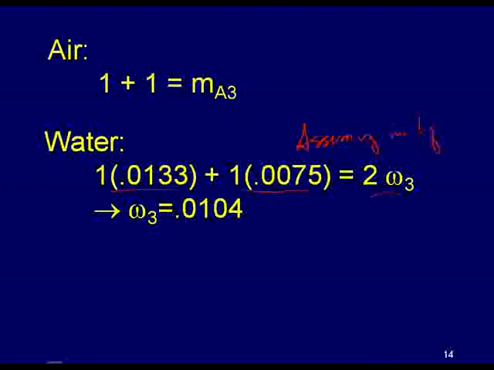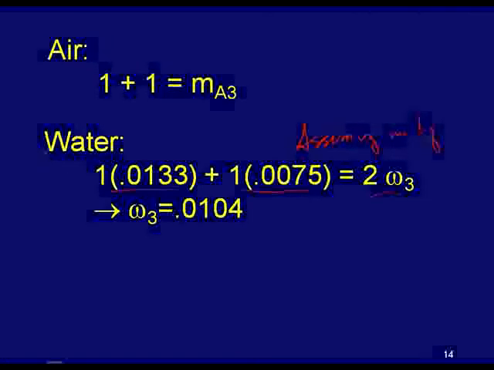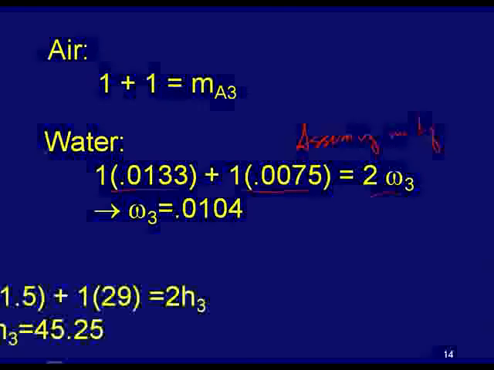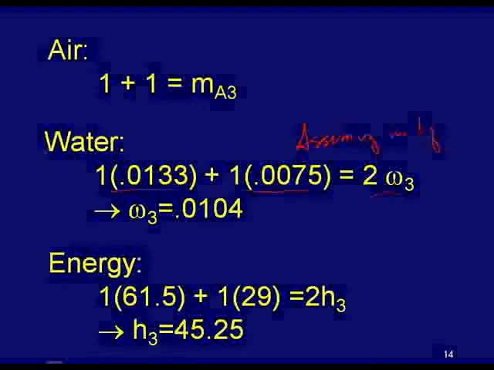And I'll show you how to tell in just a minute from the psychrometric chart if you're going to have liquid forming. And so the energy balance allows you to solve for H3, and H3 is 45.25. And so what you do is find it from the psychrometric chart.